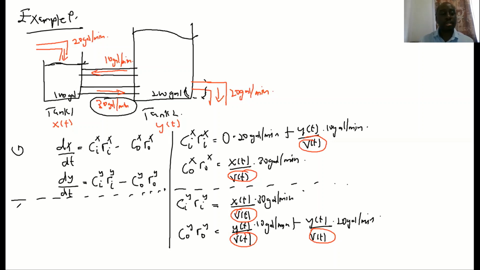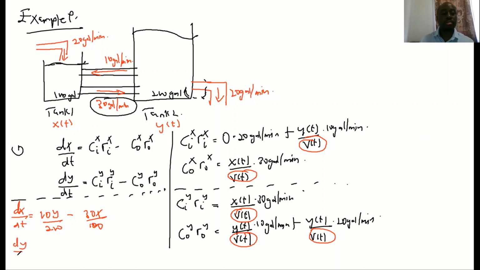So we can write down these equations. The x dt is going to be 10y over 200 minus 30x over 100.